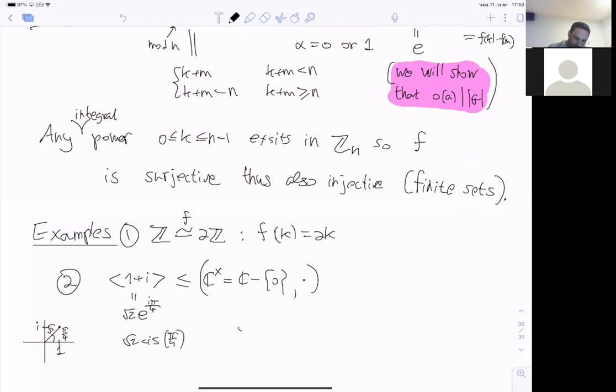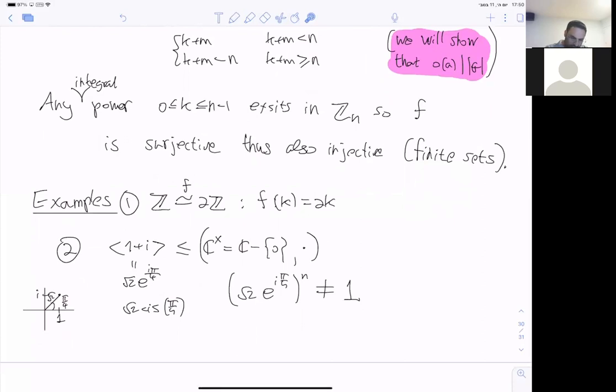So any power of this thing will never be 1. Never. Because the radius exceeds 1, it cannot come back to 1 for any n.